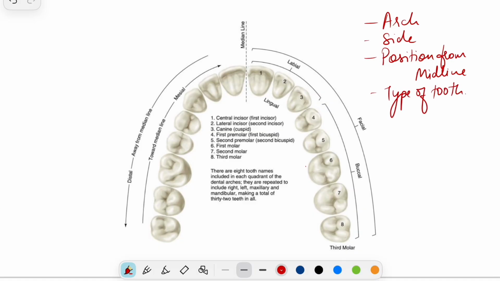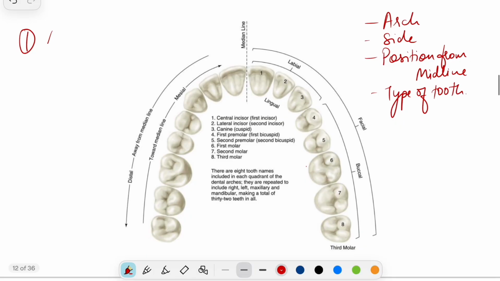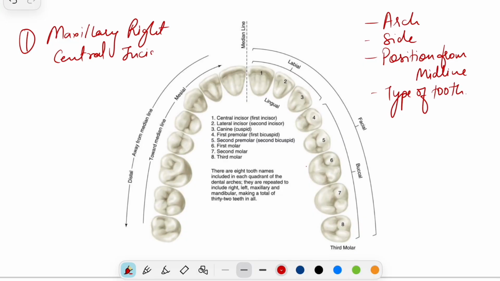I'll give you two examples. Our first example here is maxillary right central incisor. Let's try to break this down.